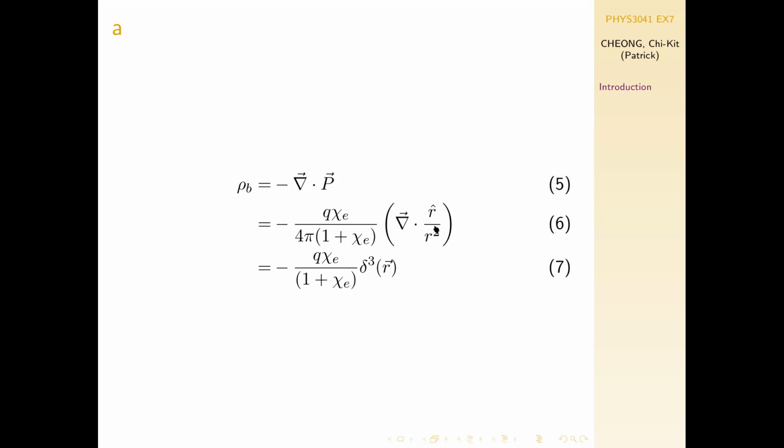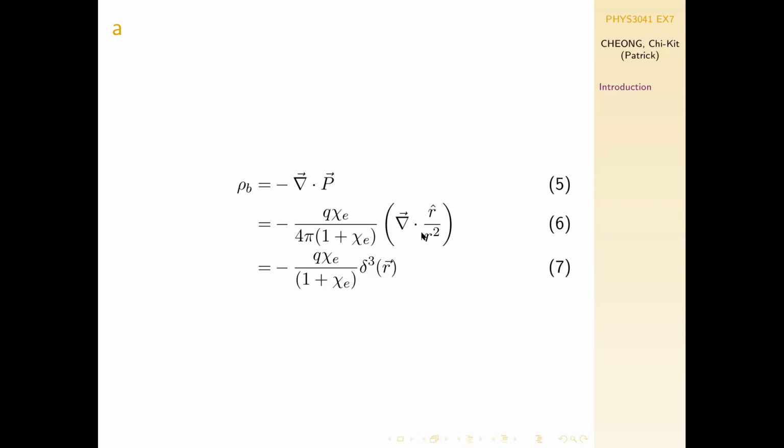Here I factor this thing out into a bracket, as this is a relation you might need to be familiar with: the divergence of r hat over r squared equals 4 pi times the delta function.